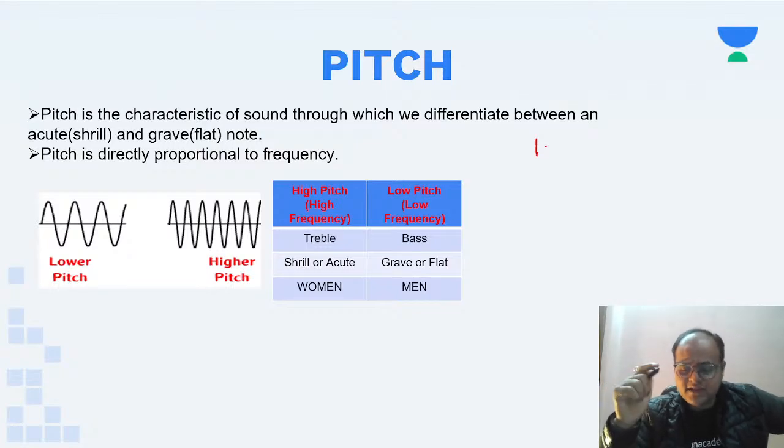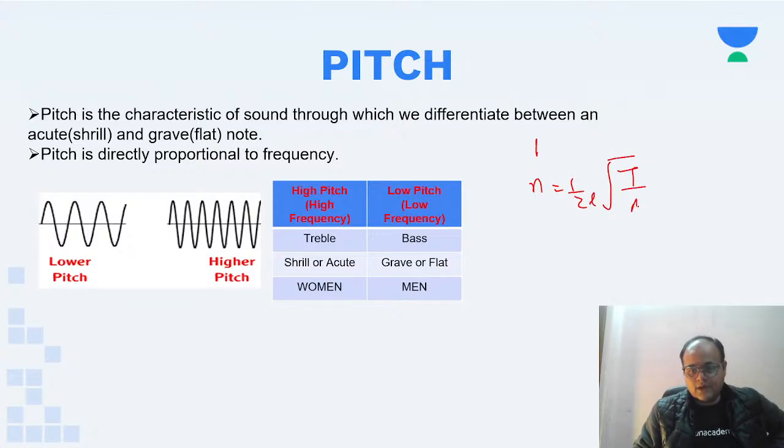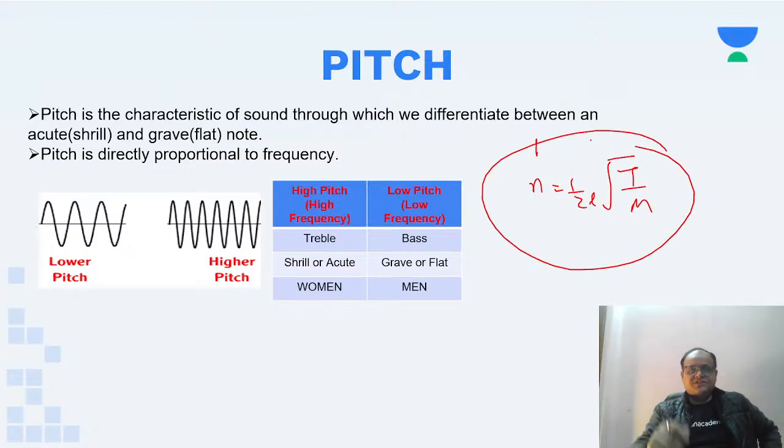You must have encountered this in different musical instruments. The musicians do have wires. In a guitar they tighten the wire to change the values. The frequency is 1 upon 2L under root T by M. Now if you tighten the screw, what will happen? The tension in the wire increases.